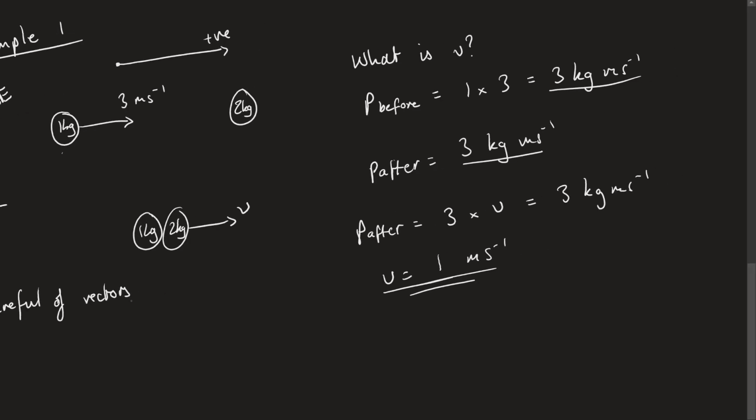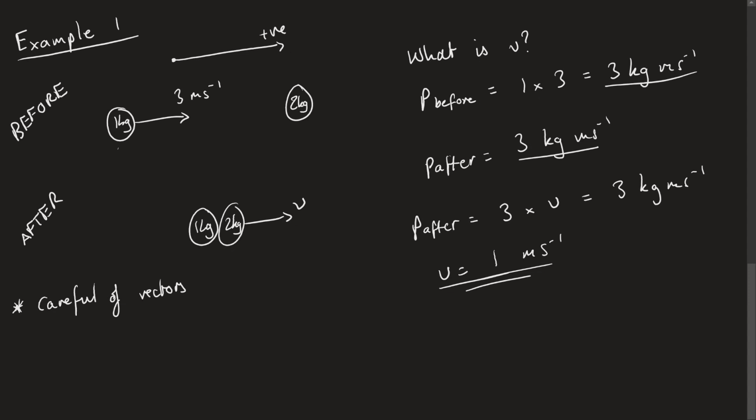When you're adding the vectors, the reason I say be careful is because if I were to have said instead at the end that I have 1 kilogram traveling in this direction with a speed like 2v, for example, and then asked to work out v, I would have to say that this is a positive velocity, so I would say that's 2v minus 2v, right? So if v is the same, I end up with 0 momentum. Obviously that's not the case for this, but this was just an example. I'd have to minus the things that go in the opposite direction.